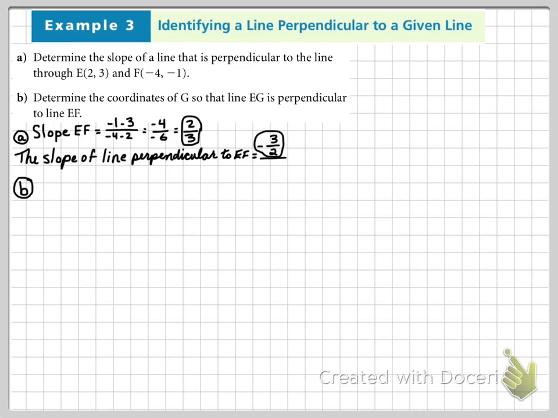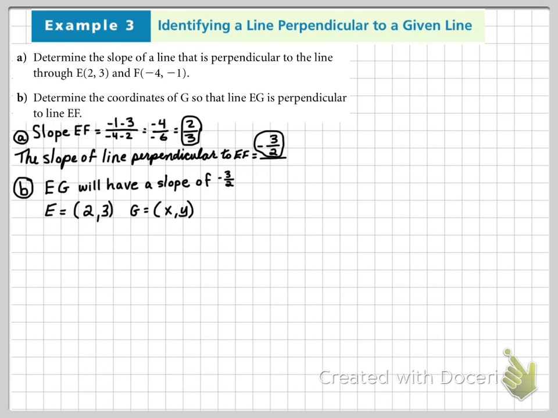Part B. Determine the coordinates of G so that the line EG is perpendicular to EF. Well, we know that the slope of EG is going to have to be -3 over 2, and we know that E is at the point (2, 3). G we don't know, so I'm just going to call it (x, y).